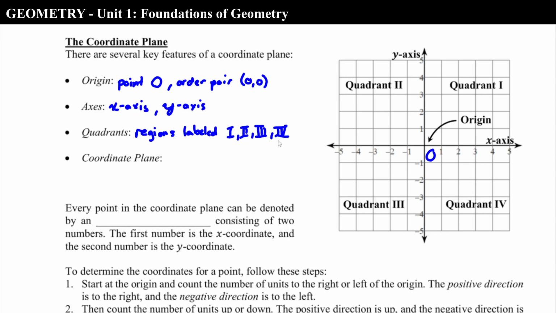And then the coordinate plane is the plane containing the x and y axis. So the x-axis and y-axis.